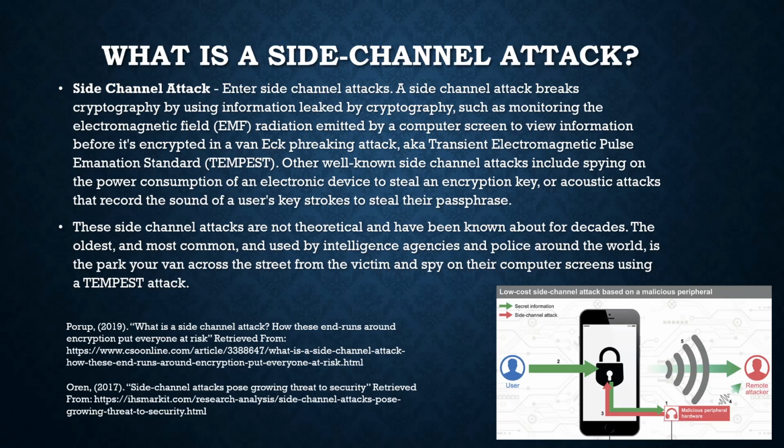The other thing you'll note in this diagram is that I provided a low-cost side channel attack design overview based on a malicious peripheral. The reason I wanted to include that is that it serves as a segue for what this whole paper is actually covering.